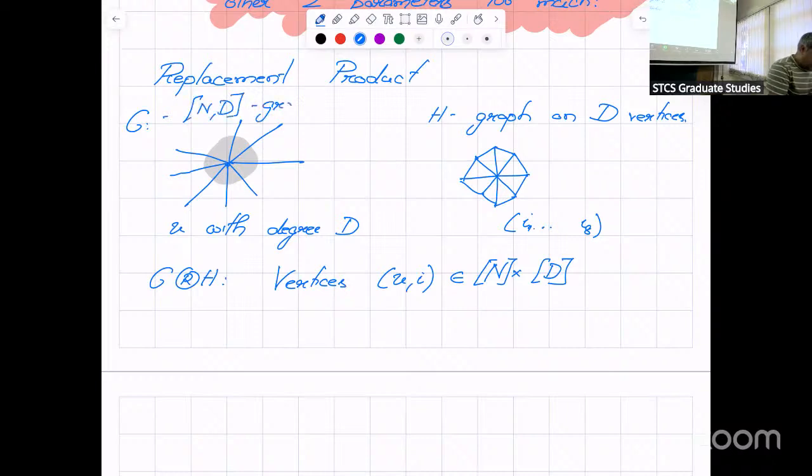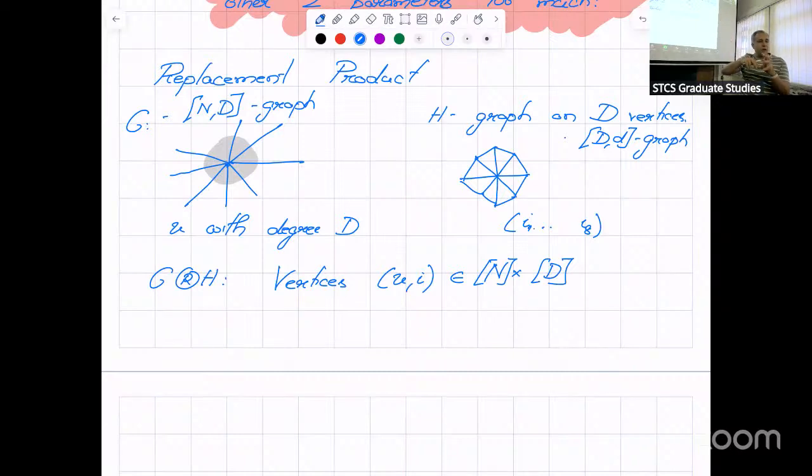Forget about eigenvalues for now. And H is, say, a D d graph, a graph on D vertices with degree small d. Basically, what I'm trying to do is take every vertex of capital G, which has a high degree, and put this cloud of vertices H on it.